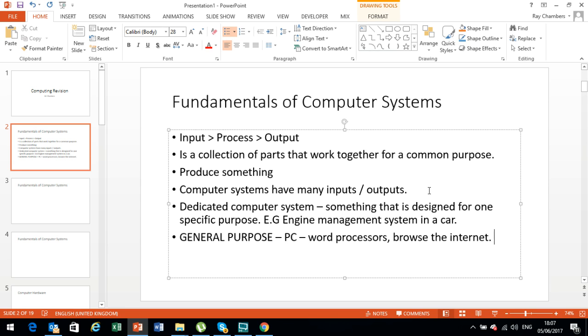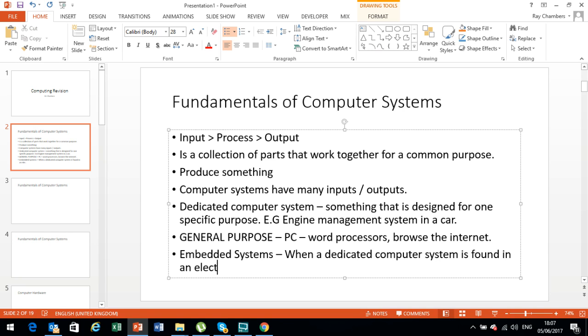Now, one other area which we may not have covered in the past is embedded systems. Dedicated computer systems are found almost everywhere, but when a dedicated computer system is found in electronic devices, they're called embedded systems.